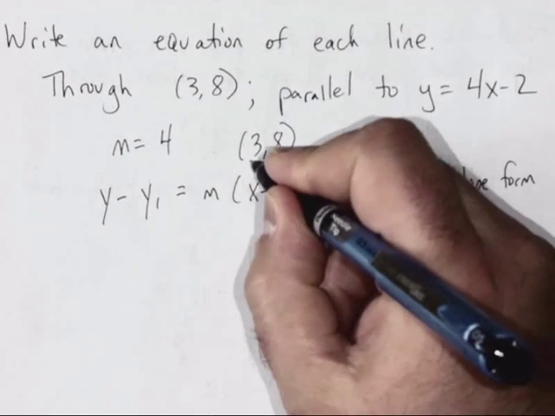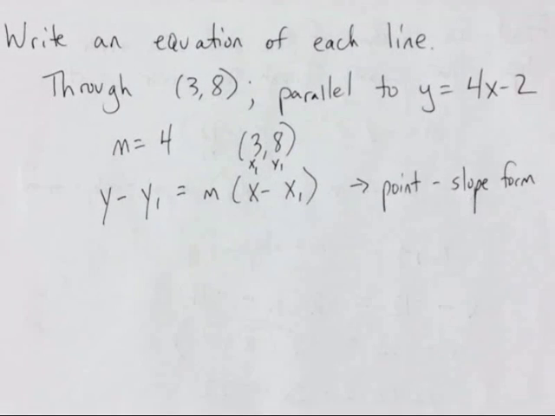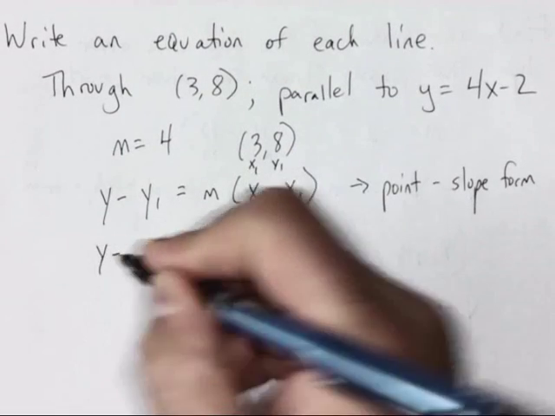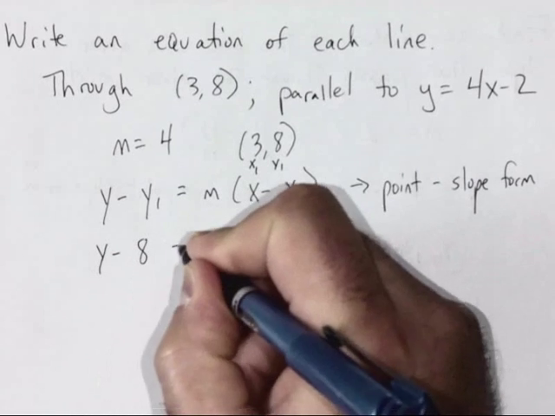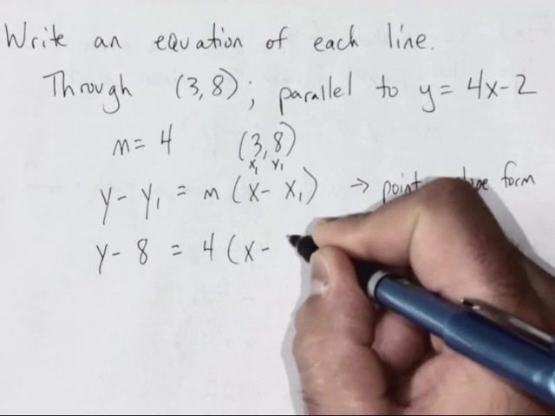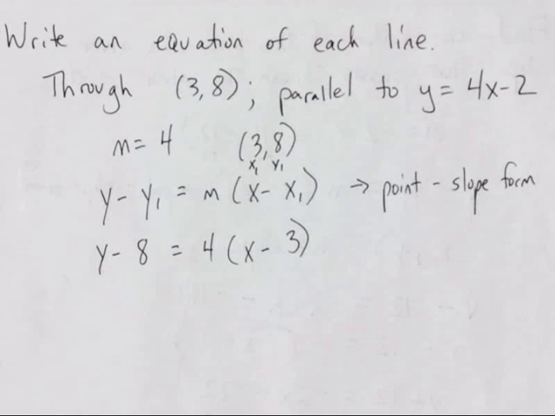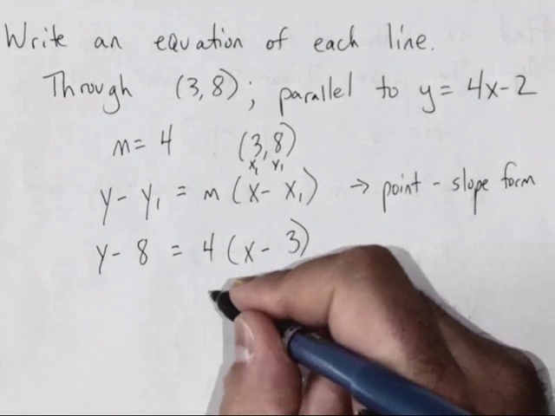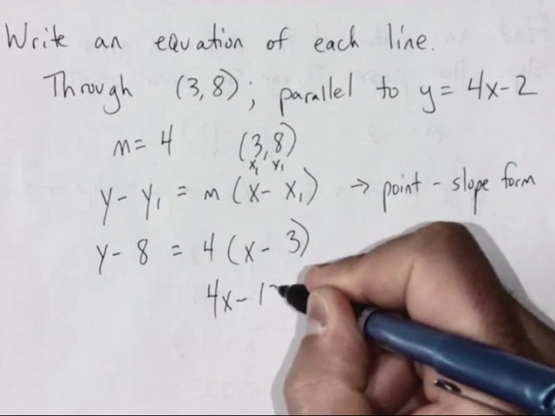Okay, so this is our x1, y1. So y minus y1, which is 8, m is 4, x minus x1, which is 3. And now solve this for y, so I'm going to distribute the 4 through.